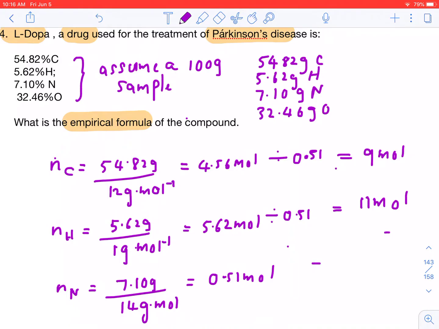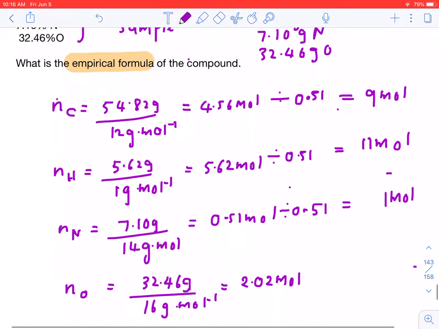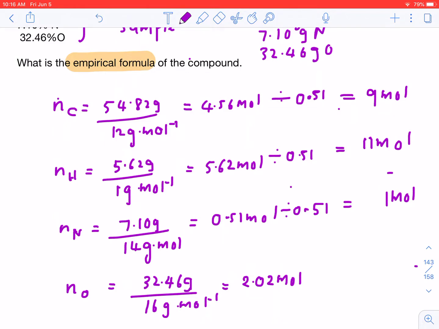And we divide this by 0.51, and that would give us 1 mole. Okay, and then we've got this divide by 0.51.